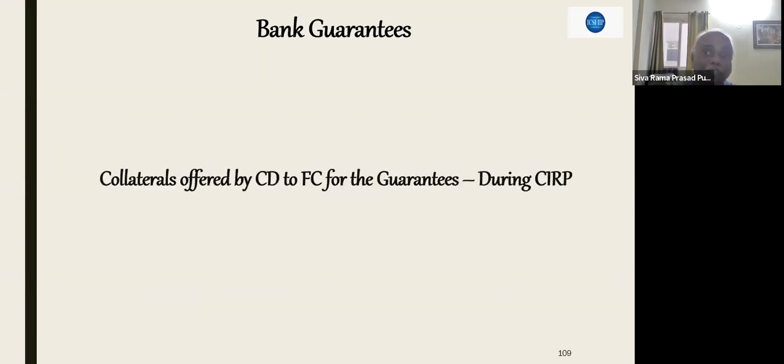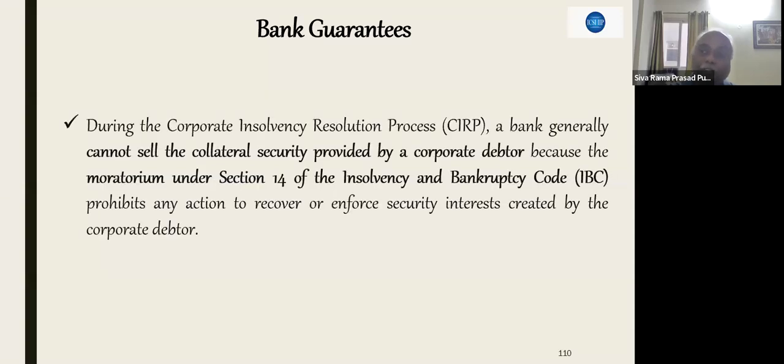Collaterals offered by the CD to the FC for guarantees during CIRP. During CIRP, the bank generally cannot sell the collaterals. If for a guarantee they have taken collateral, they should not sell, because the moratorium under Section 14 prohibits any action to recover or enforce a security interest created by the corporate debtor.